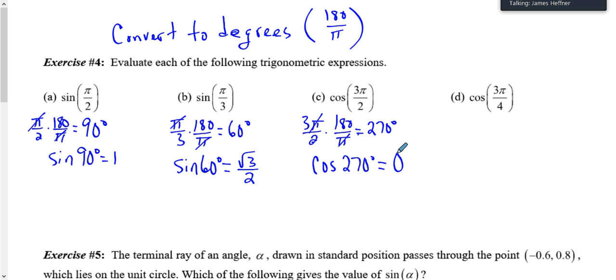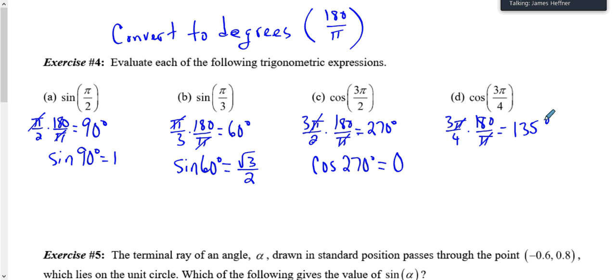All right, one more. 3 pi over 4 radians. I wonder what that is. So 3 pi over 4 times 180 over pi. Pi's cancel. What's 180 divided by 4? You can do it in your calculator: 180 divided by 4 times 3. 45, times 3, it'd be 135. 135 degrees.